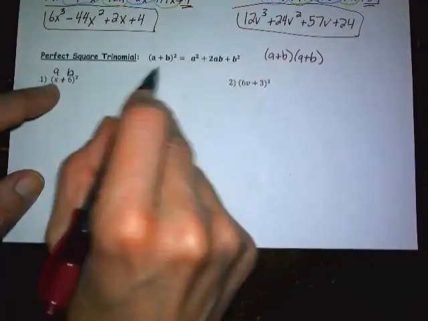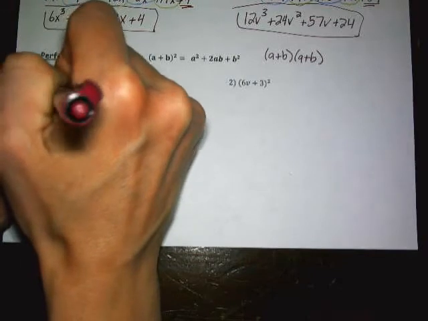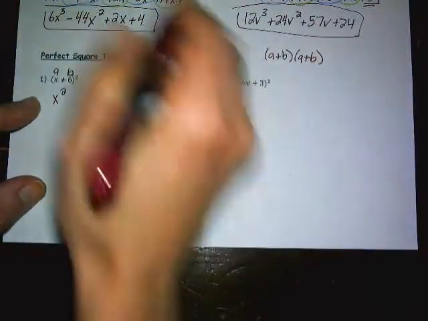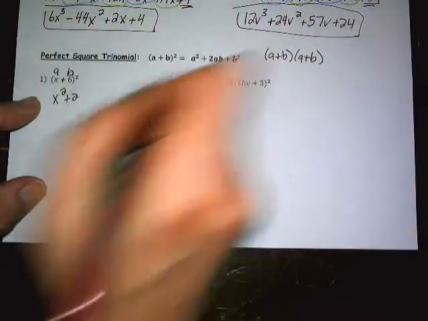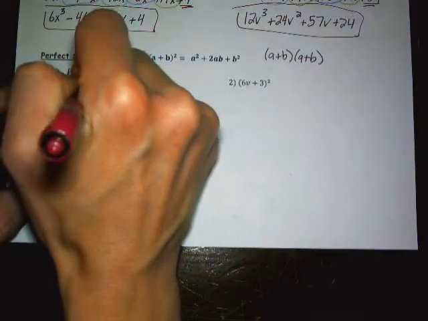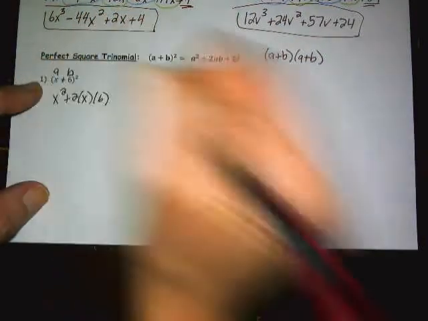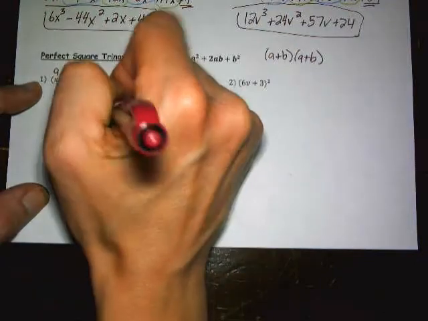Then we're going to say a squared, or a is x, so x squared, plus 2 times a times b, so 2 times x times 6, plus b squared. b is 6.